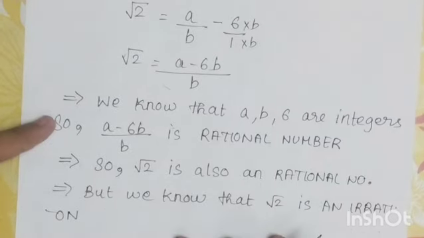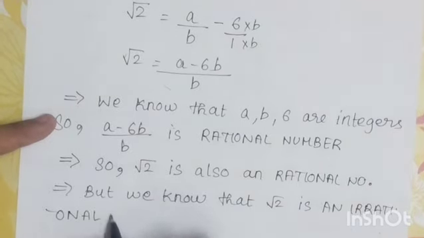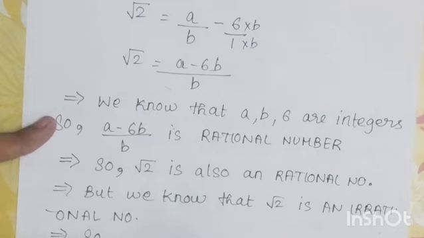So the whole question, that is 6 plus root 2, is an irrational number.